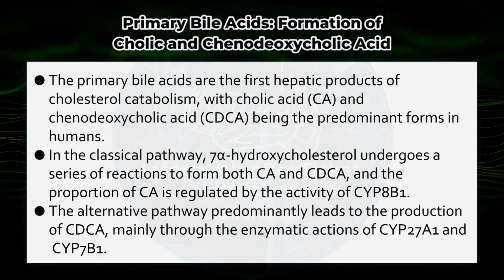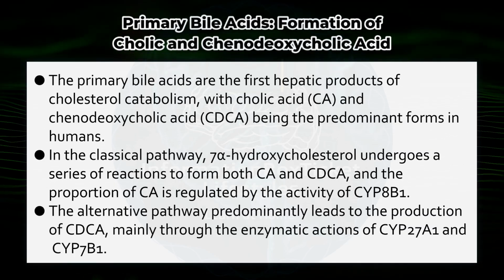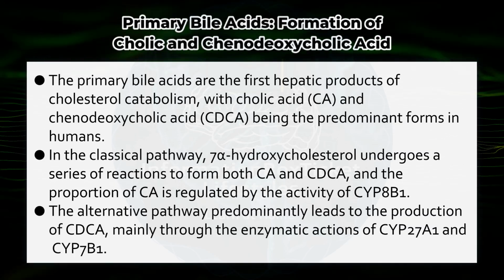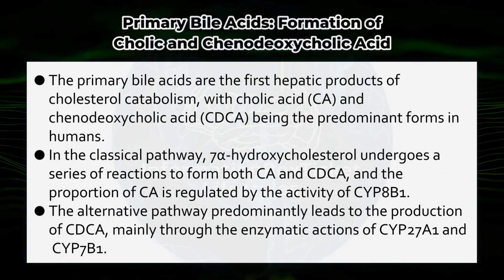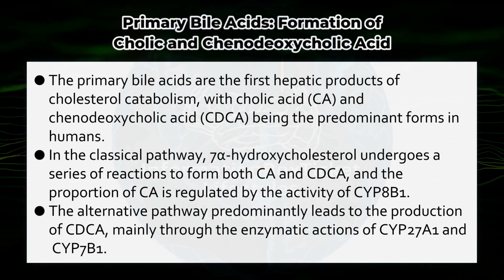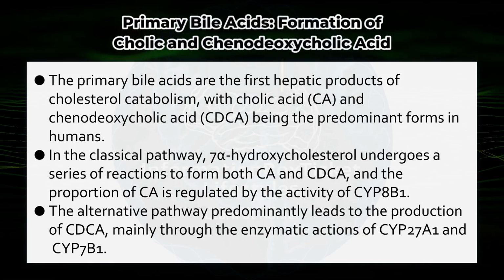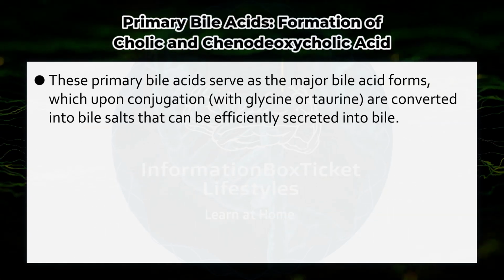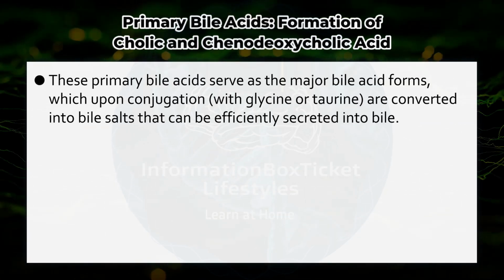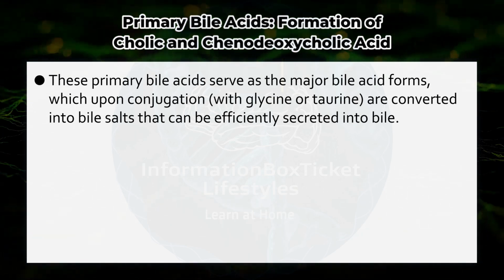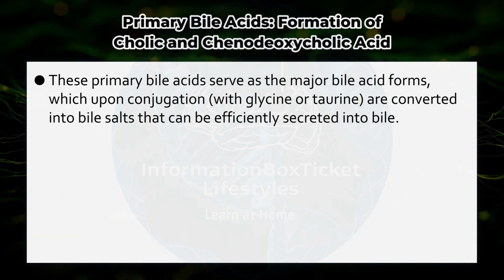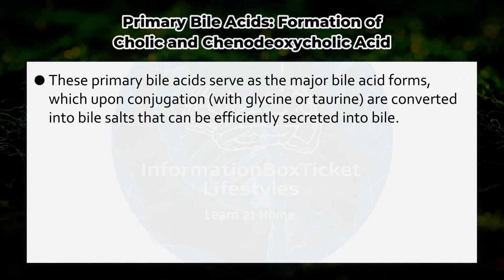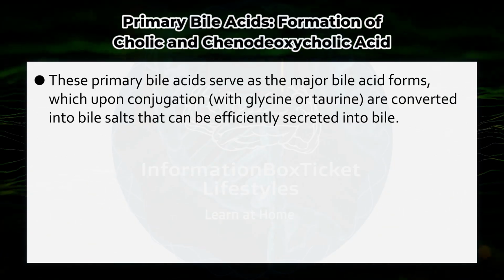The alternative pathway predominantly leads to the production of CDCA, mainly through the enzymatic actions of CYP27A1 and CYP7B1. These primary bile acids serve as the major bile acid forms, which upon conjugation with glycine or taurine are converted into bile salts that can be efficiently secreted into bile.